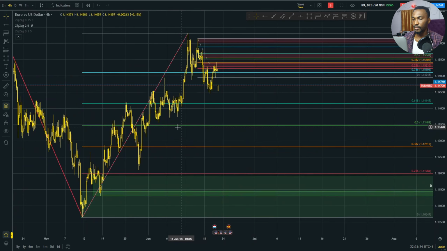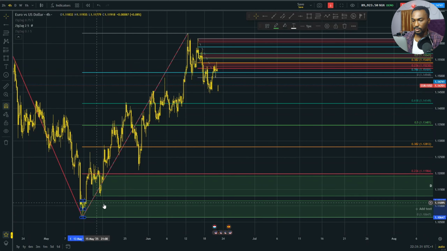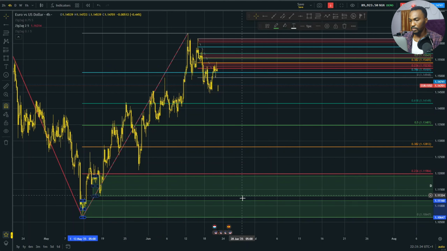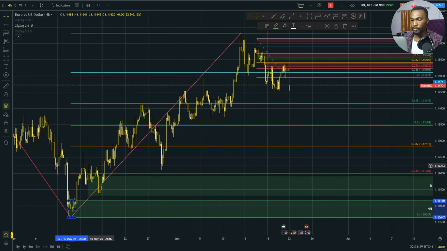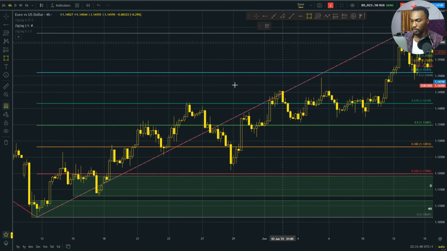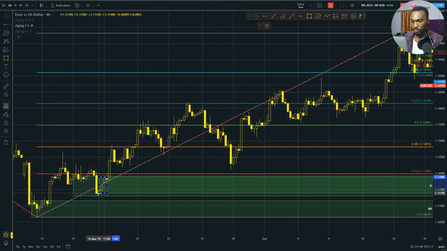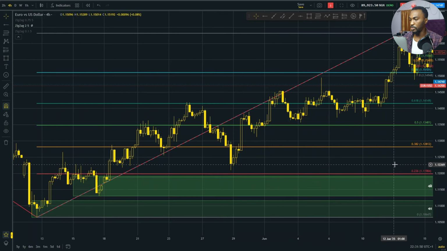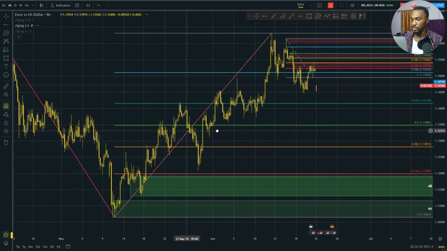So this is my clearest zone, and then I have this one on the 4 hours. So I'm looking for big brother, small brother confluence. I have big brother, small brother all over this place. So the whole zone is, in fact, matter of fact, the whole zone is a confluence zone on its own.